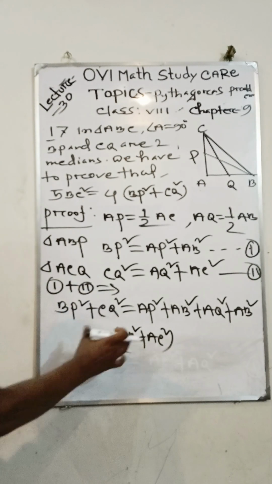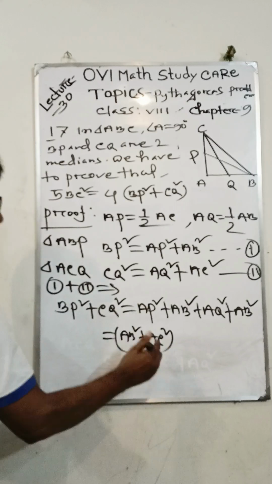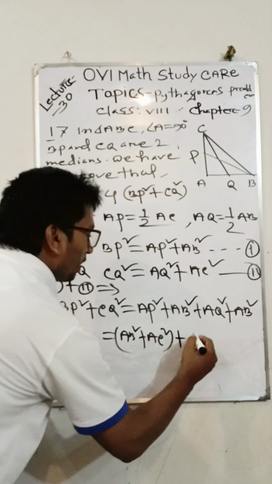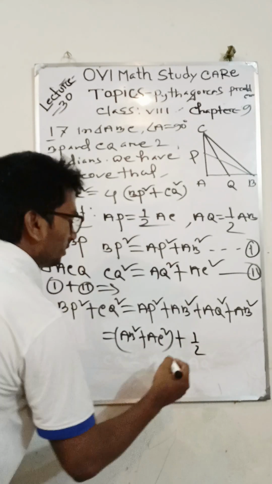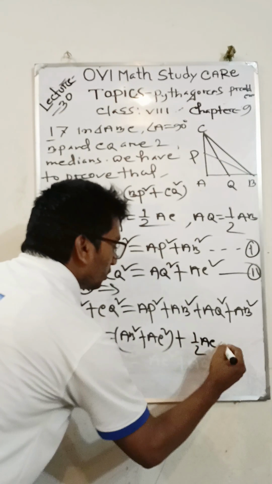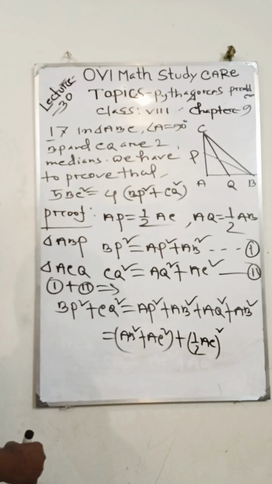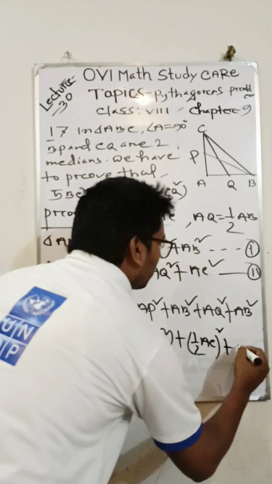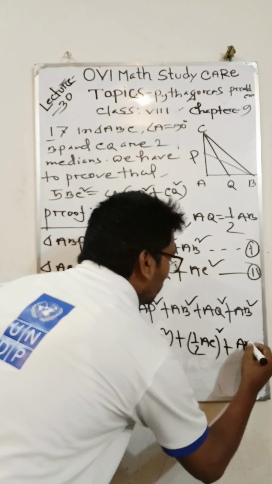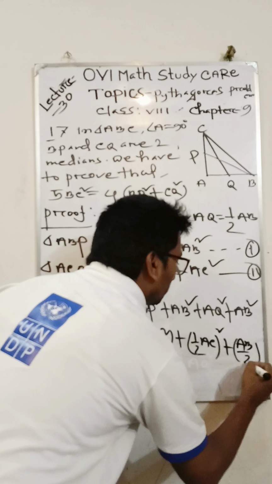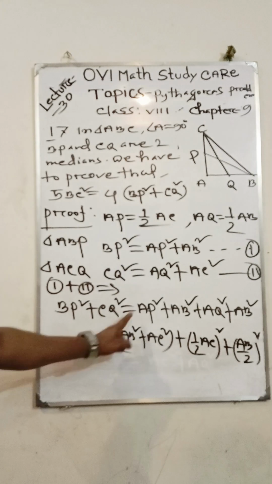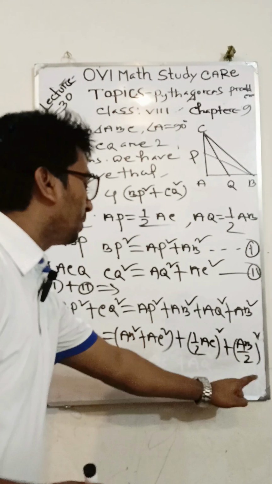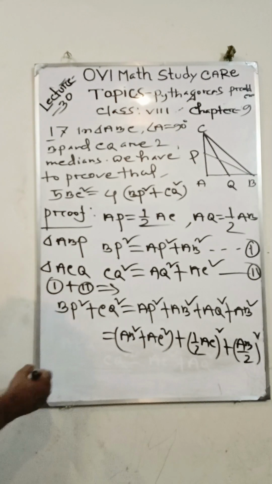So we can write in the bracket AB square plus AC square, and AP square, that means AP is half of AC, so AP square is AC square by 4, and AQ square is half of AB, AB square by 4. Replace AP with half of AC, and replace AQ with AB by 2, whole square.